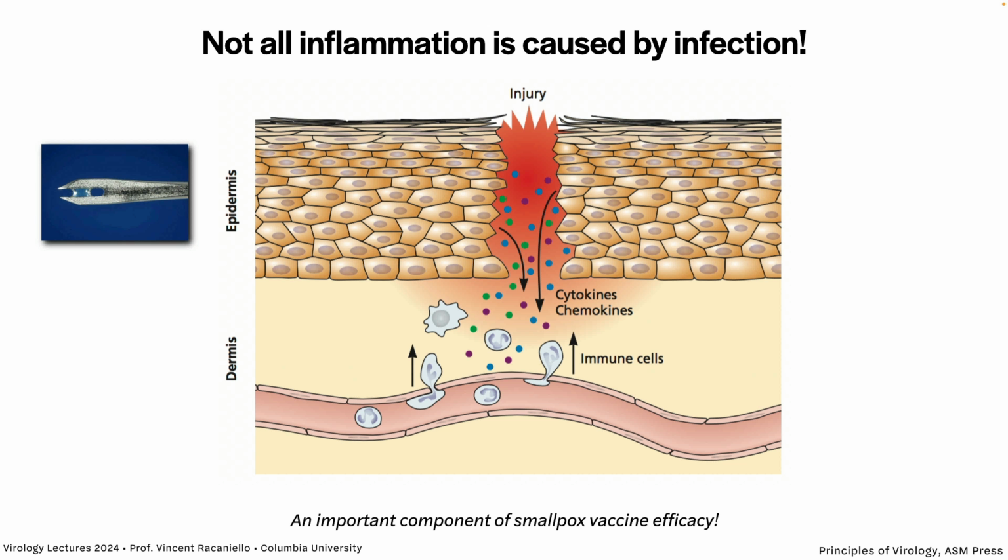Now, as I told you before, not all inflammation is caused by infection, right? If you scratch yourself, you will get inflammation as part of the repair process. And in fact, one vaccine, the smallpox vaccine, which we don't use any longer except for certain populations, involved scratching your skin. And the act of scratching caused inflammation that made a better immune response to the vaccine.